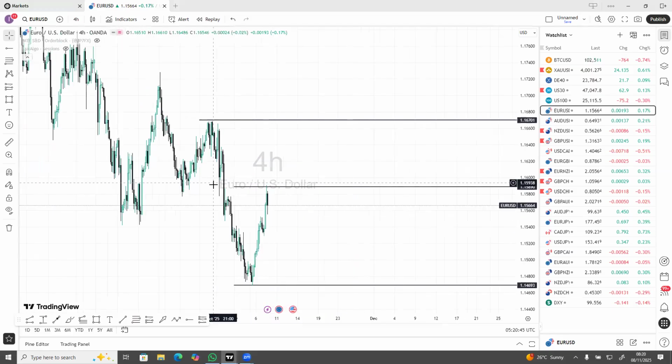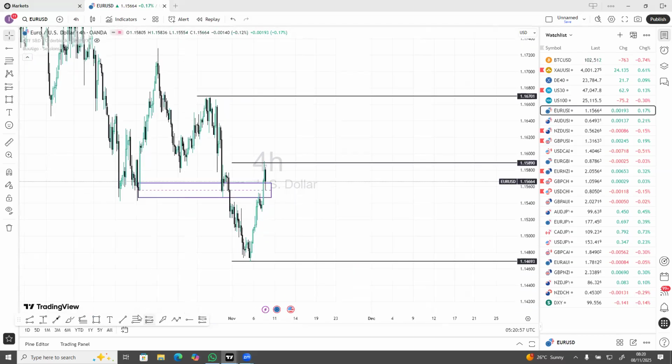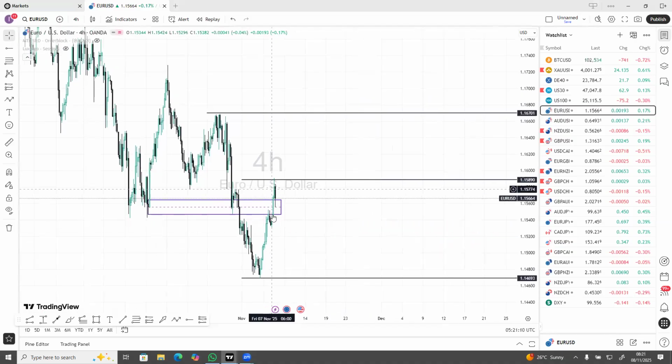On the 4 hour, we have a market structure like this. Previously we had this breaker block, and now it may misbehave. Price was expected to bounce on that breaker block and drop in a downtrend, but it failed. It means price continues upward, it will push up.